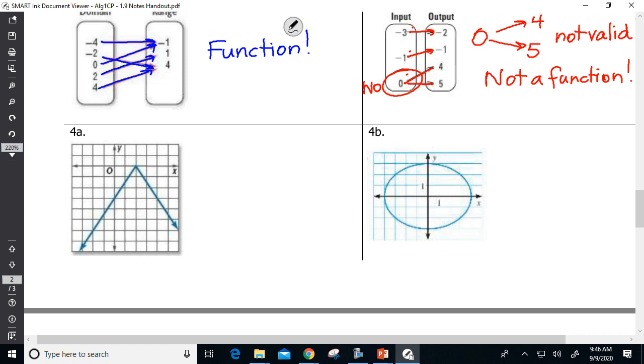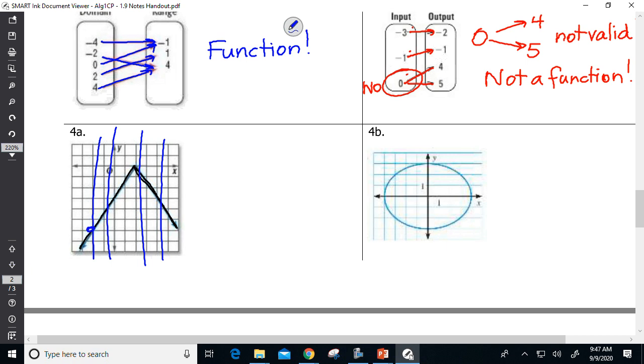So for 4A, there's this V-shaped graph that's already there. We're going to draw vertical lines. You can draw a vertical line anywhere you want. But it can only cut that graph one time.